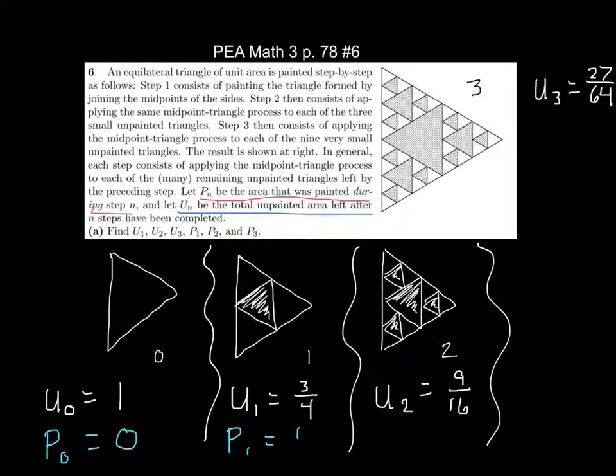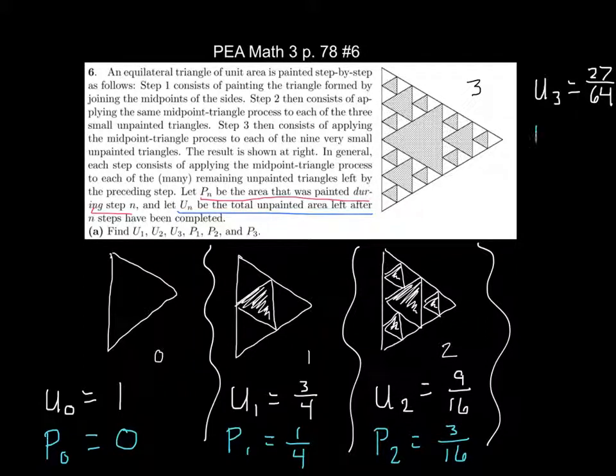Now we got to be careful because it's not really asking how much is shaded after the step. It's asking how much was shaded during that step. So during this step it was 1/4. But the next one, how much is actually shaded during this step? Well, this middle is already shaded. So 3, and then it's still in sixteenths, right? So 3/16. Perfect.